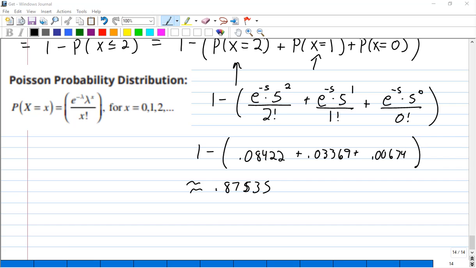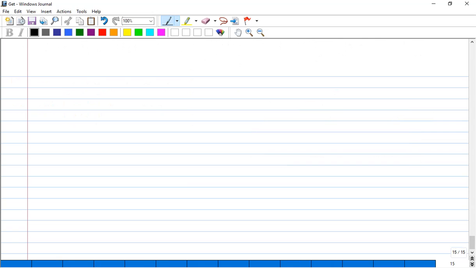All right, let's see if we can read through one more problem. We may not have time to do every calculation, but I do want you to be able to figure out the mean or the lambda for the problem, because sometimes it's a little bit different.